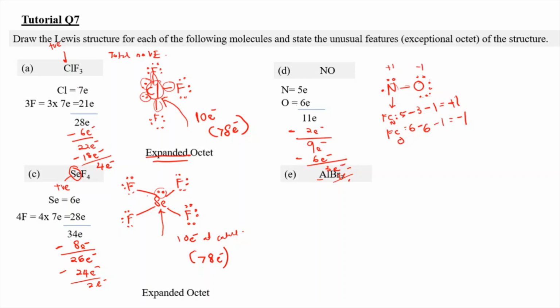So what we're going to do is this lone pair is going to be transferred to here. It doesn't matter, you can choose any lone pair. So once you bring the lone pair to there, what you're going to produce is something like this.